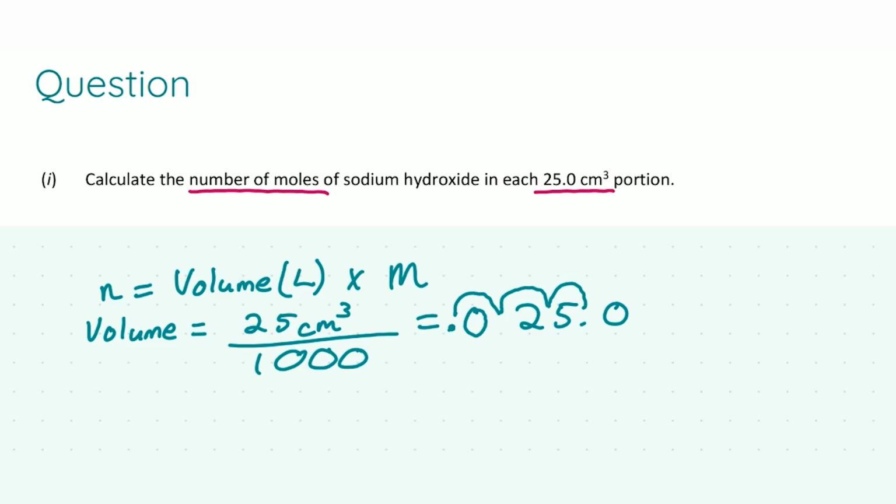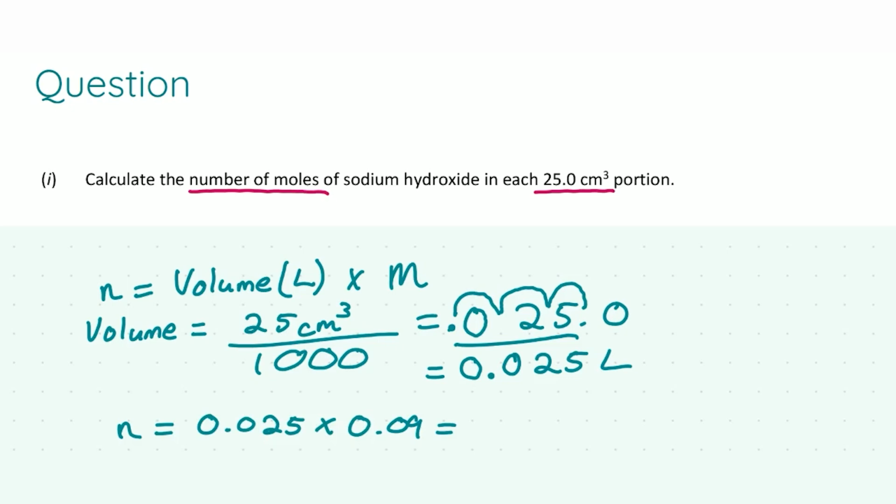So it's moved to the left 3 times. That will tell us that our volume in litres is equal to 0.025 litres. So that's the easiest and nicest way to work out what your volume is in litres.